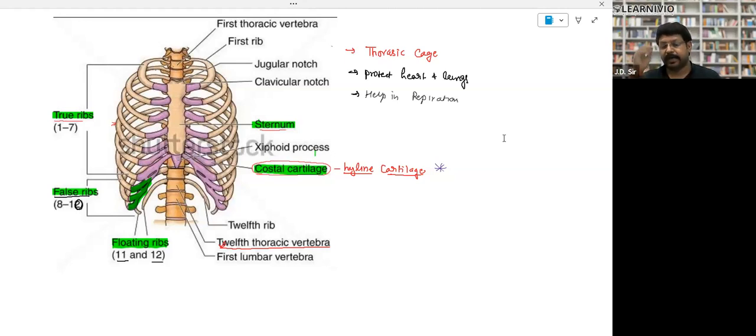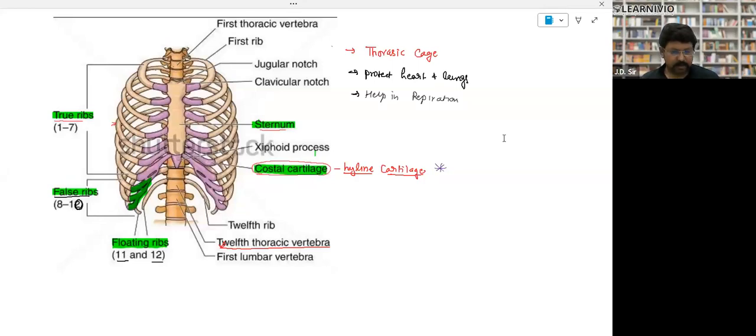Underline this: hyaline cartilage, known as costal cartilage. Remember the name of the cartilage.